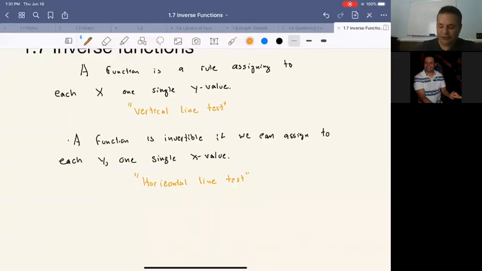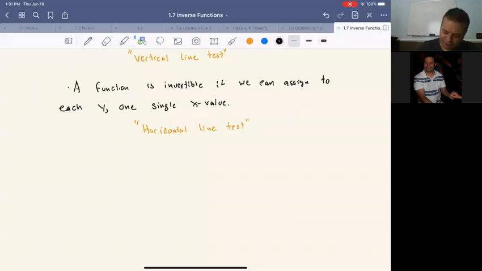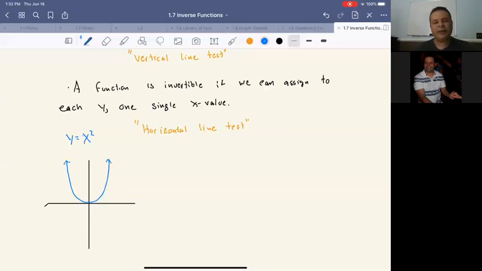Okay, so now let's take an example. We're going to take my favorite example, of course. Y equals x squared.